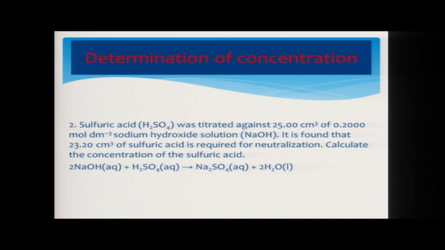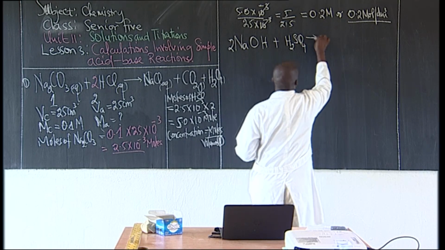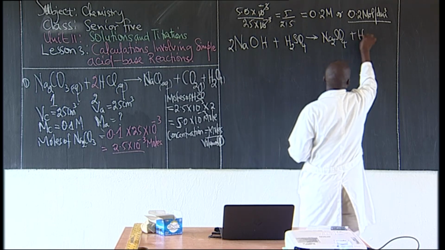So note that 25 of 0.2 molar is the volume and molarity of sodium hydroxide. It is reacting with sulfuric acid, and this gives sodium sulfate plus water.